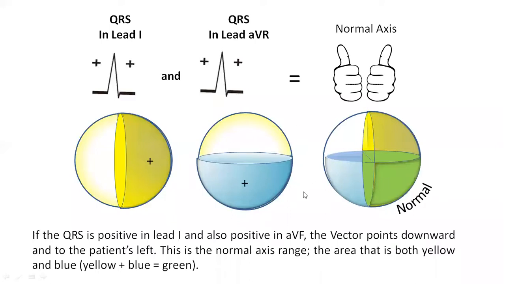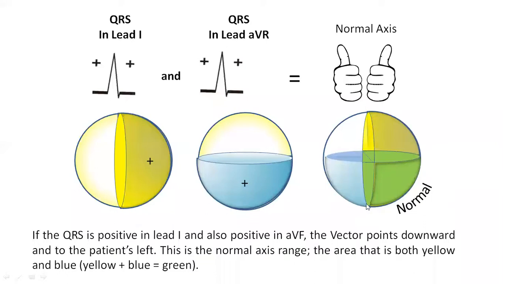So what does it mean? If the QRS in lead 1 is positive and the QRS in lead AVF is positive, then the QRS axis is normal, and this is between 0 and plus 90.